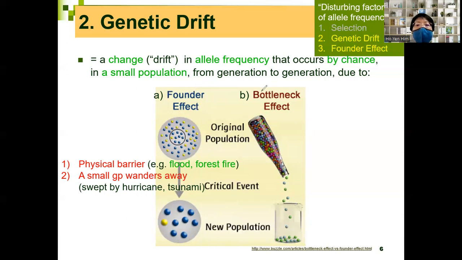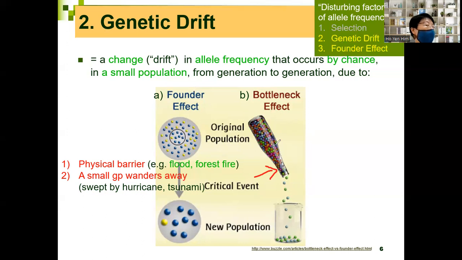Right? Bottleneck effect. Bottleneck effect is slightly different. This is the original population here. And when you say bottleneck, it's like a traffic jam, right? You come to a place where the road is very narrow, but there are a lot of cars, or 4 lanes become 1 lane, 4 lanes become 2 lanes. That part is called the bottleneck. So here what happened is that we always refer to survival. Something happens here that causes a lot of the organisms to be unable to survive.